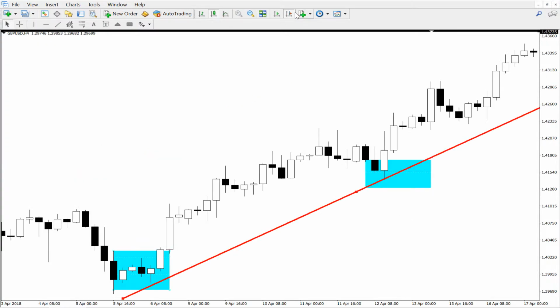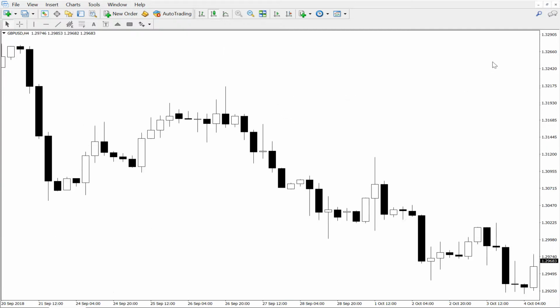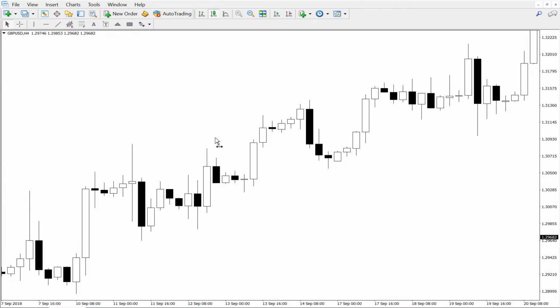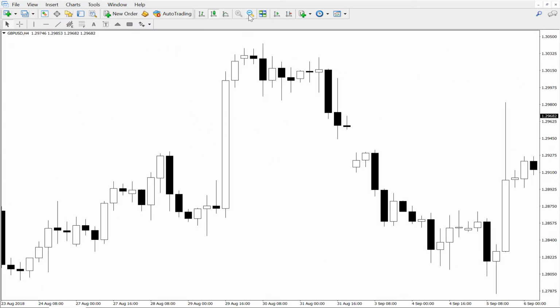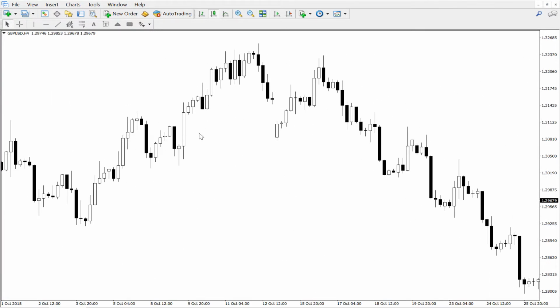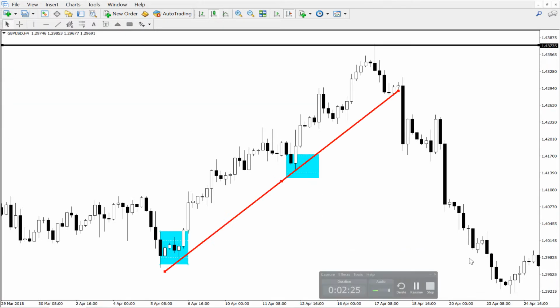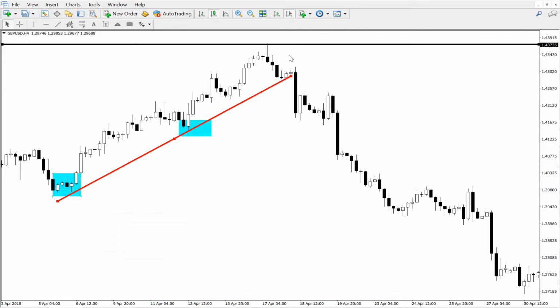Allow me to zoom in, then you can better understand. The market got rejected from here.